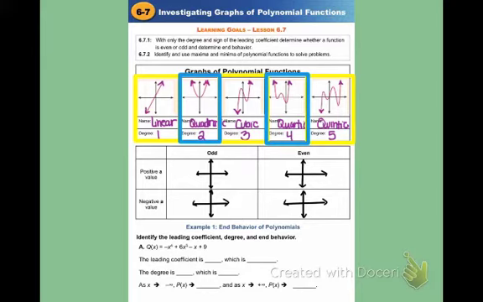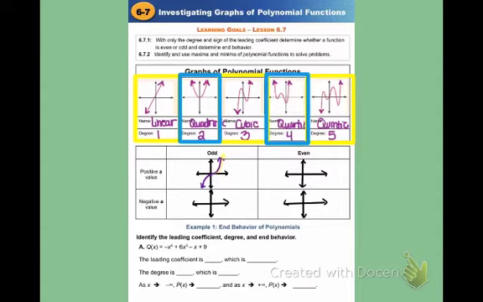A cubic function would be a good odd function to look at, and a cubic function that would have a positive a value would look like this. Over here on the right-hand side of the y-axis, see how that part of the graph is facing upward. That's how I know it's a positive a value. And when that happens, this is how we would describe the end behavior to the right of the y-axis.